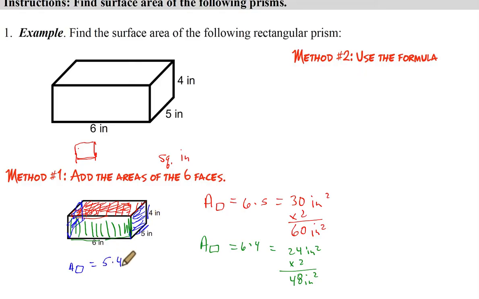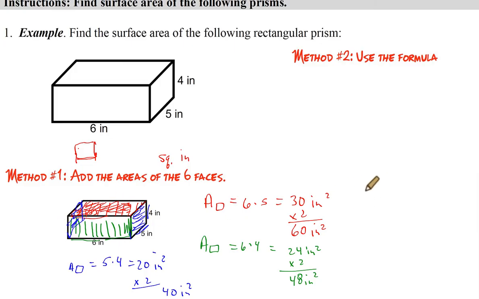So notice that for each of these, we get different values. We get 30 square inches, 24 square inches, 20 square inches, and that's because all these numbers are different. So as long as the numbers are different, we'll get different values for each of these. That's a good little double check that you do. We'll double this and get 40 square inches for the left and the right.